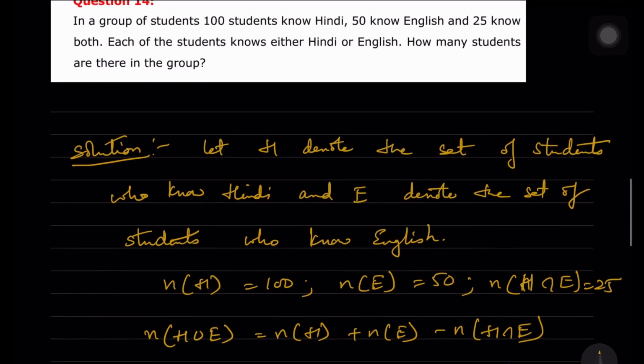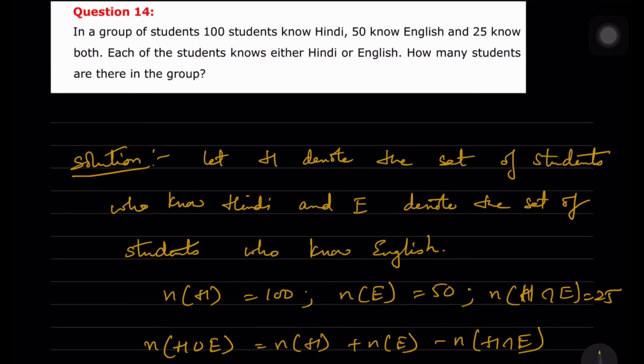Next, going into question 14. In a group of students, 100 students know Hindi, 50 know English and 25 know both. Each of the students knows either Hindi or English. How many students are there in the group? So let H denote the set of students who know Hindi and E denote the set of students who know English.